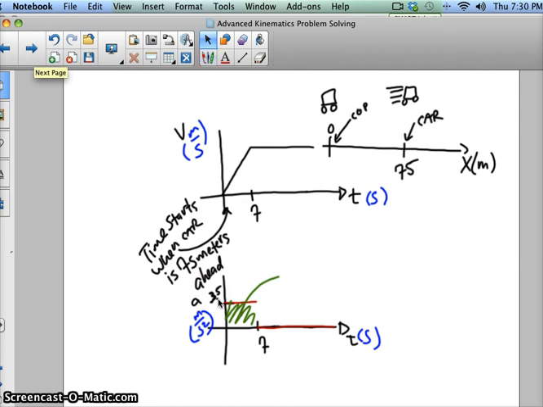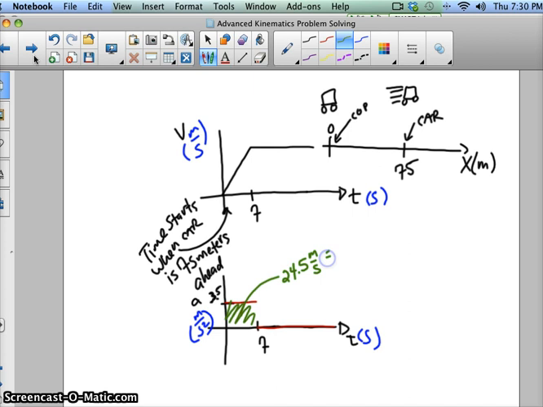If I multiply 3.5 times 7, I should get a change in velocity of about 24.5 meters per second, and that's my change in velocity. So if the cop starts at rest, that means this change is 24.5 meters per second, which means the height of this triangle here has got to be 24.5 meters per second.